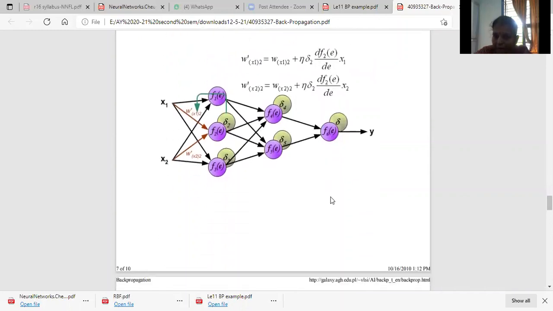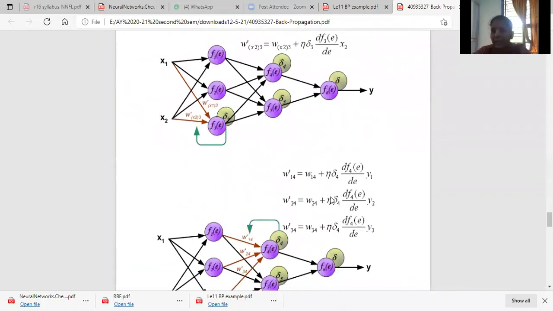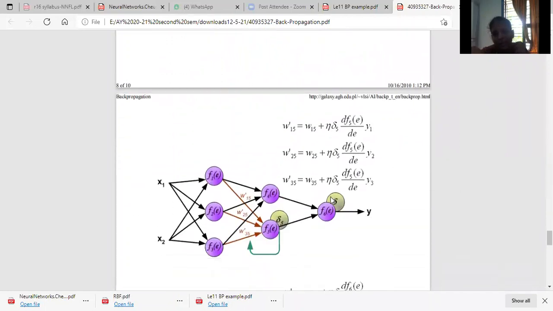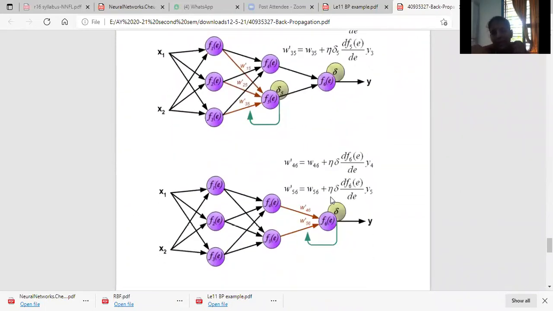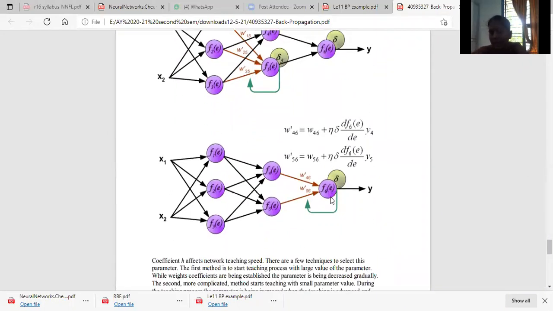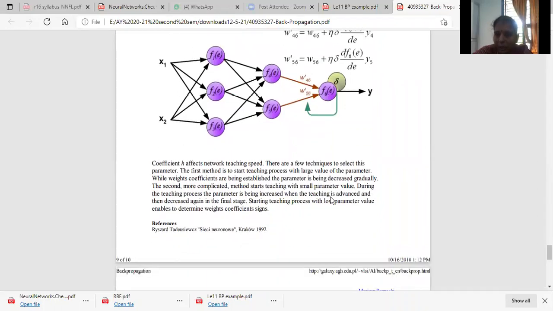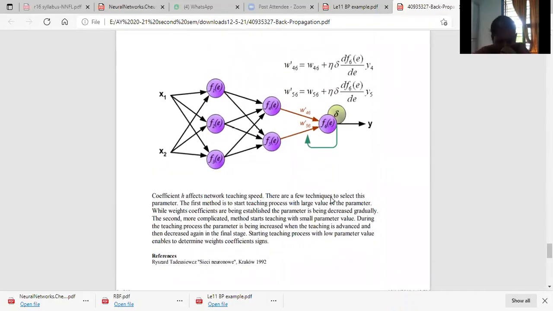Once all the weights in the input layer and the hidden layer, up to the output layer, are recalculated, next you need to calculate again F1, F2, F3, F4, F5 and F6, and the output y.